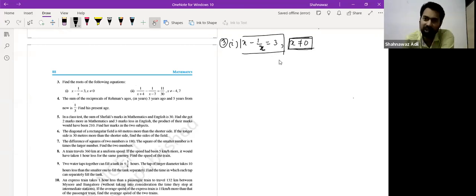If x equals 0, then we will have 1 by 0, right? 1 by 0 is undefined, we can't solve that. So that is why this condition is given, right guys?